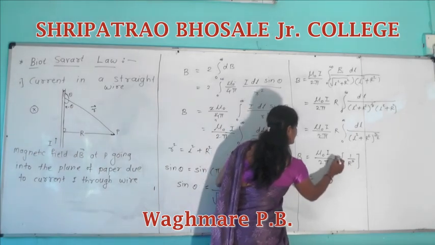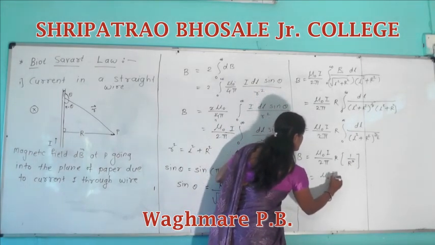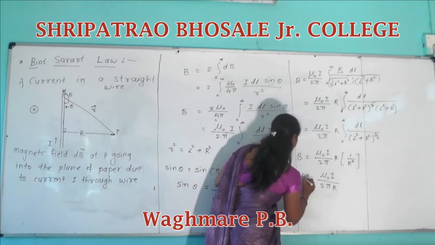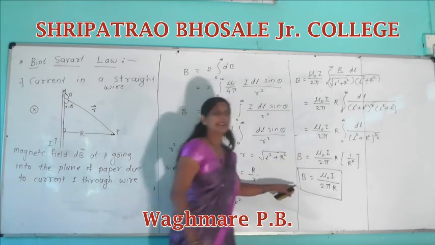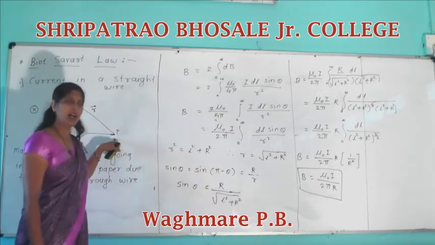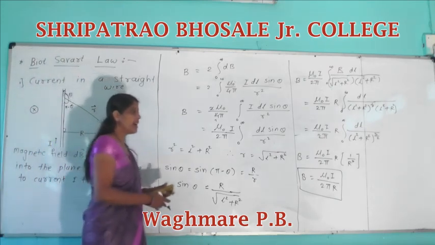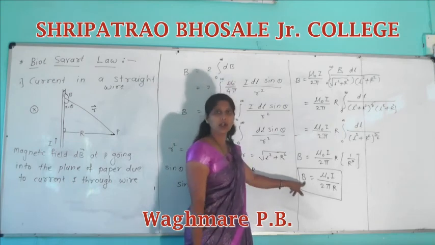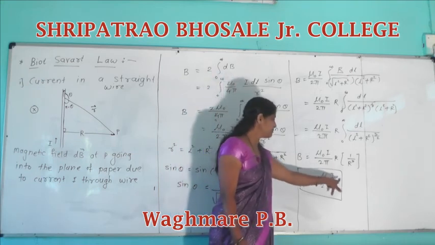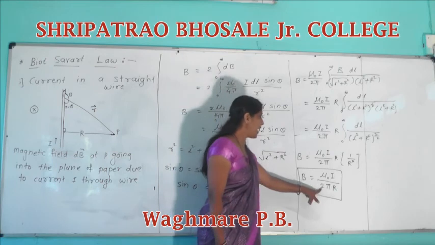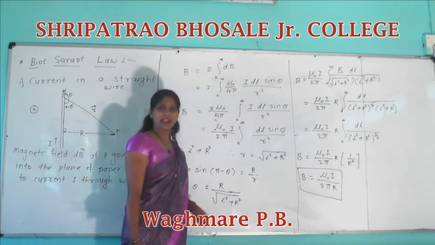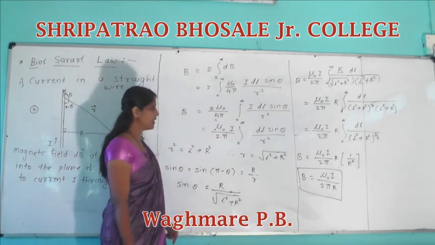Therefore, by cancelling this R, we will get B equal to mu naught I upon 2 pi R. This is the magnetic field at point P due to a straight wire carrying current I, where B is the total magnetic field, mu naught is the permeability of free space, I is the current passing through the wire, and capital R is the perpendicular distance of point P from the wire.